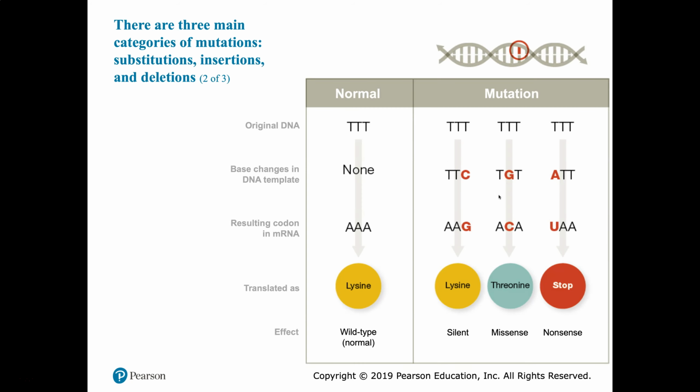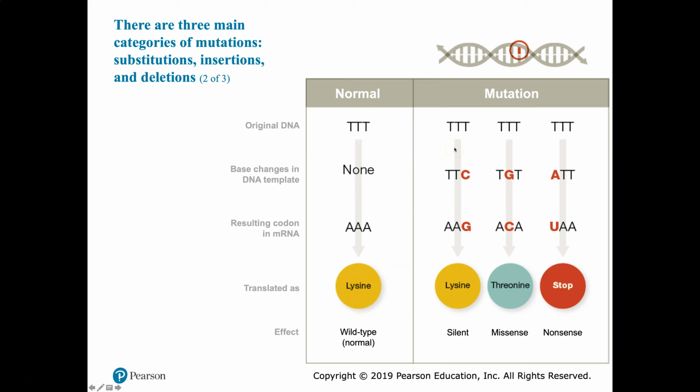So here are a couple examples. This is the original DNA, TTT, no changes. This is the codon in mRNA, AAA, and it codes for lysine. Perfect.